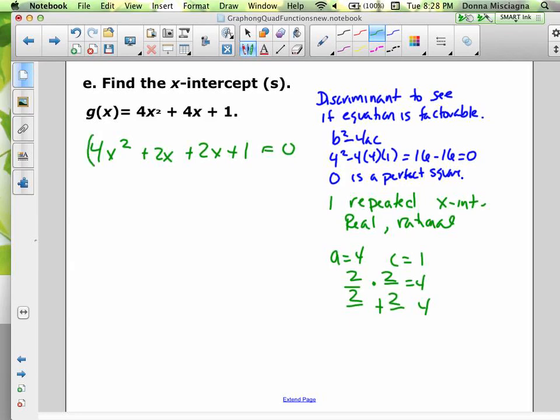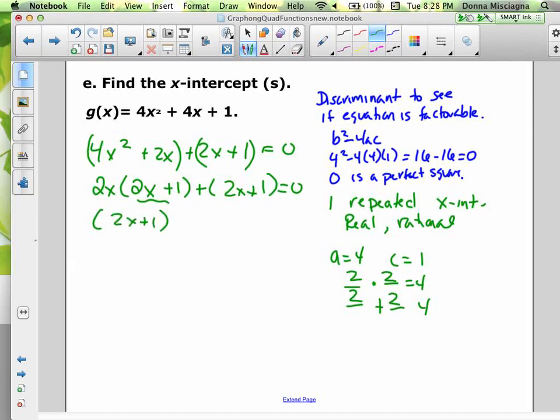The first two are a group, and the second two are a group. We'll factor out the greatest common factor, so we'll factor out a 2x. 4x squared divided by 2x is 2x. And then 2x divided by 2x is 1. And now we could factor out a 1 from the 2x plus 1 because they don't have any common factors. So one of our factors is that repeating 2x plus 1.